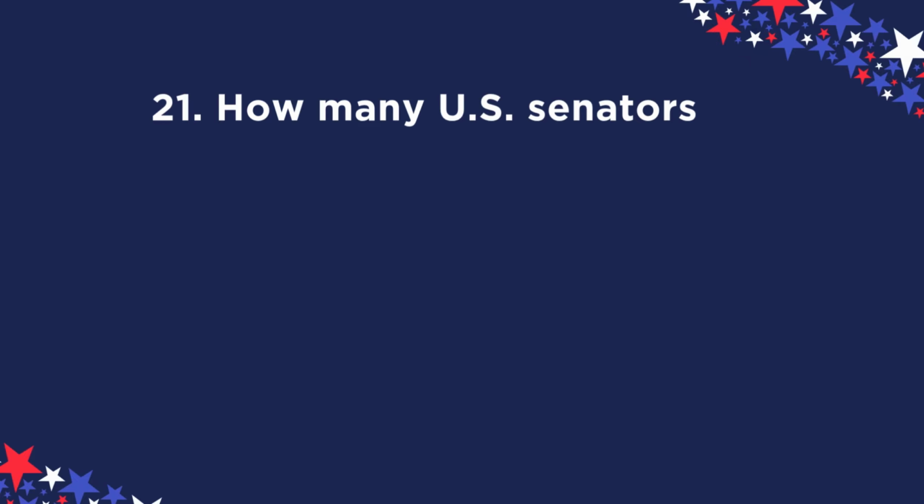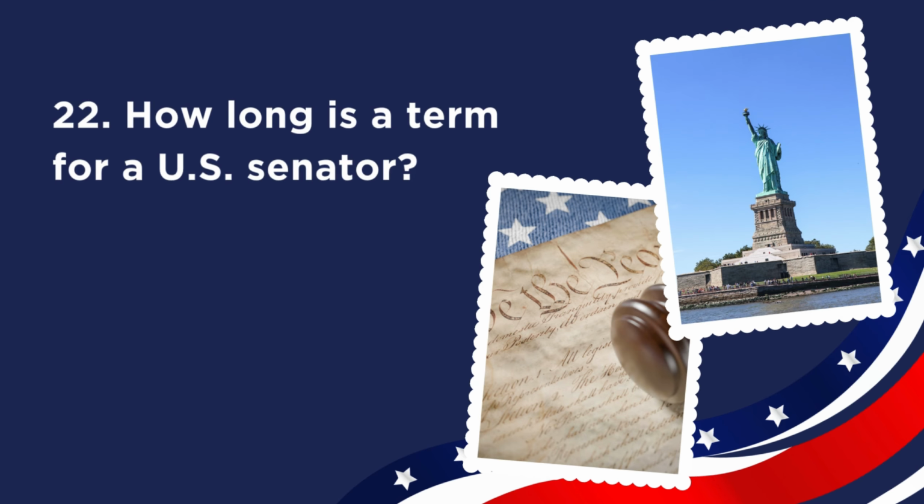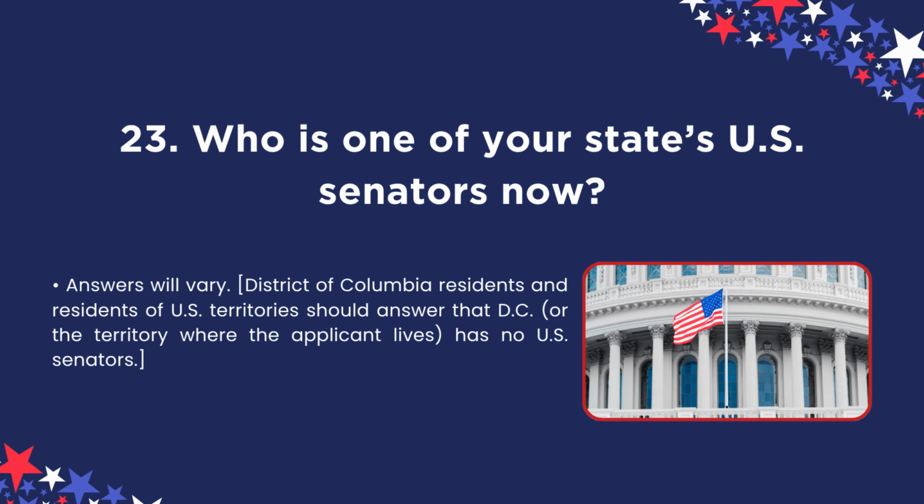How many U.S. senators are there? 100. How long is a term for a U.S. senator? 6 years. Who is one of your state's U.S. senators now?